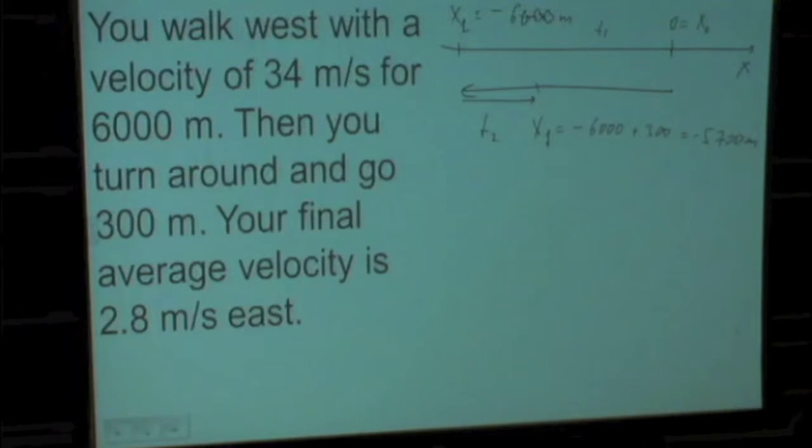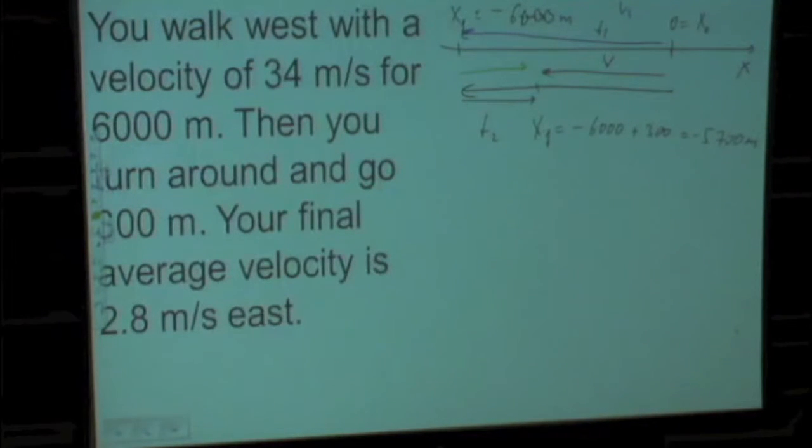And this arrow represents your average velocity for the total trip. This arrow represents your velocity on your way to the left. And this arrow, sorry, I meant displacement.